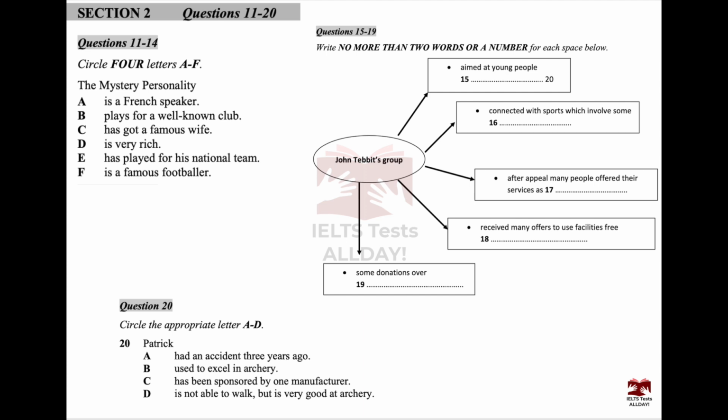John said that they had also had numerous offers of help throughout the country to use facilities free of charge. As if that was not enough, they've received many donations, including several rather large gifts of more than £5,000. On behalf of John Tebbit, and also of those who will benefit from the generous gifts to the Trust, I would like to say thank you.